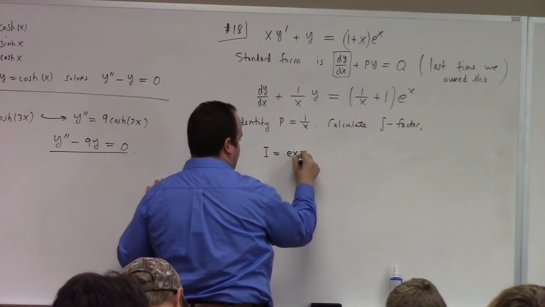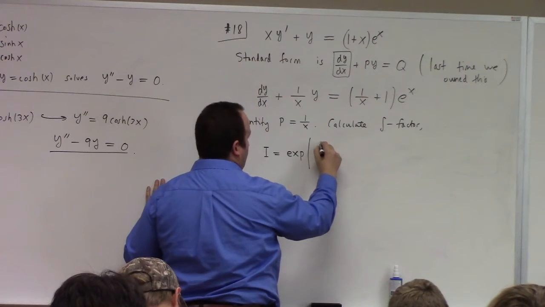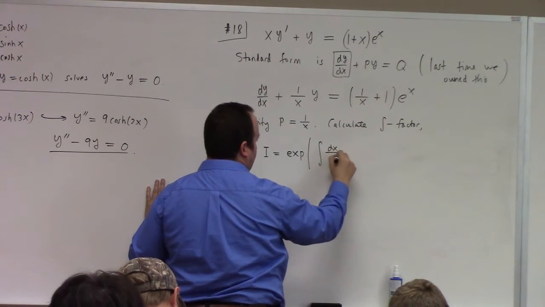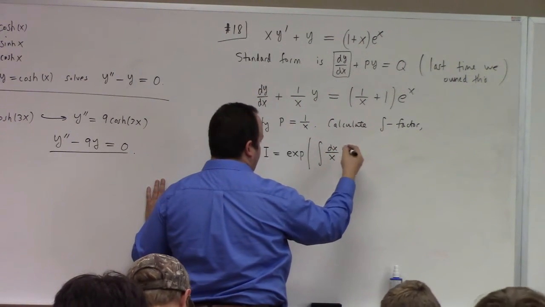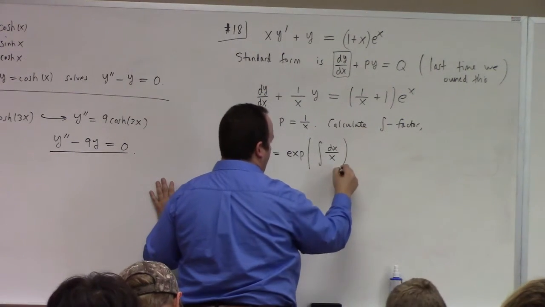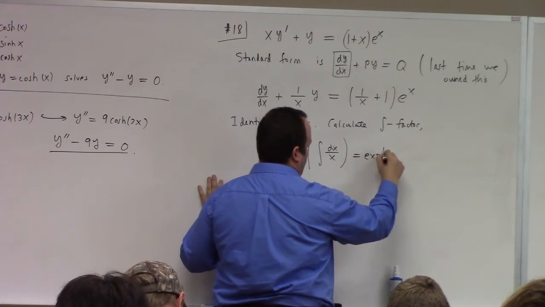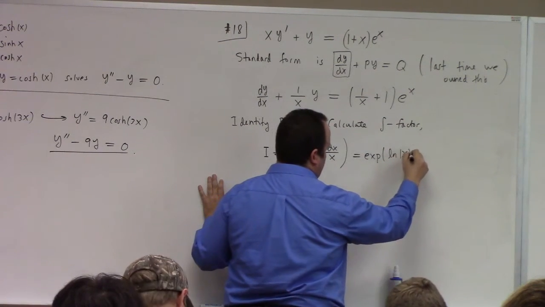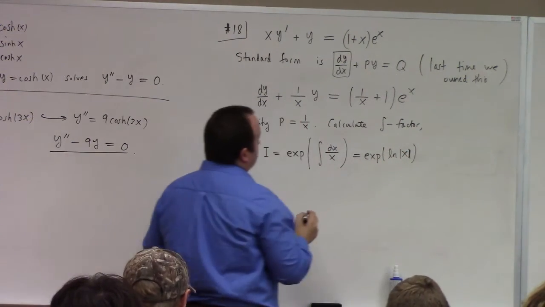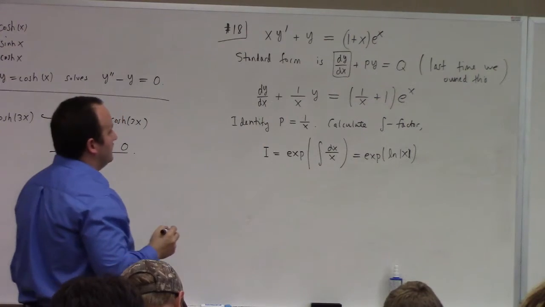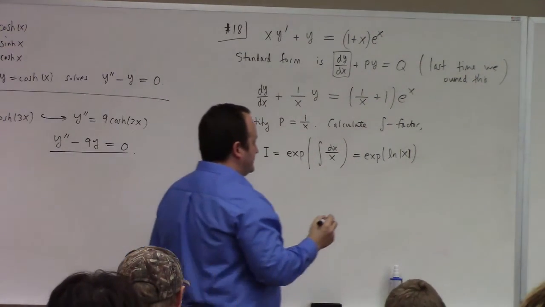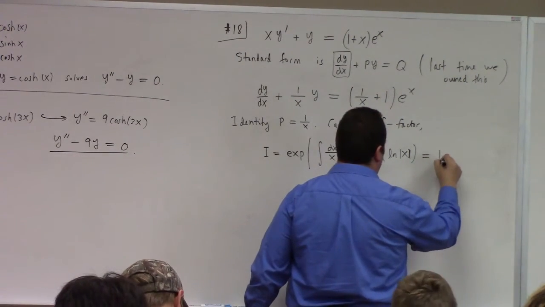So that's the exponential of the integral of 1 over x times dx, which is just dx over x. Well, that ain't bad. This is the exponential of the natural log of the absolute value of x. All right? Which is just the absolute value of x.